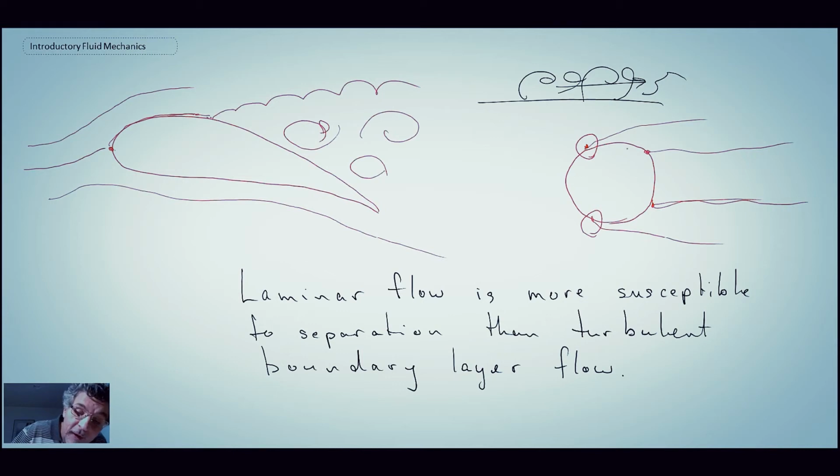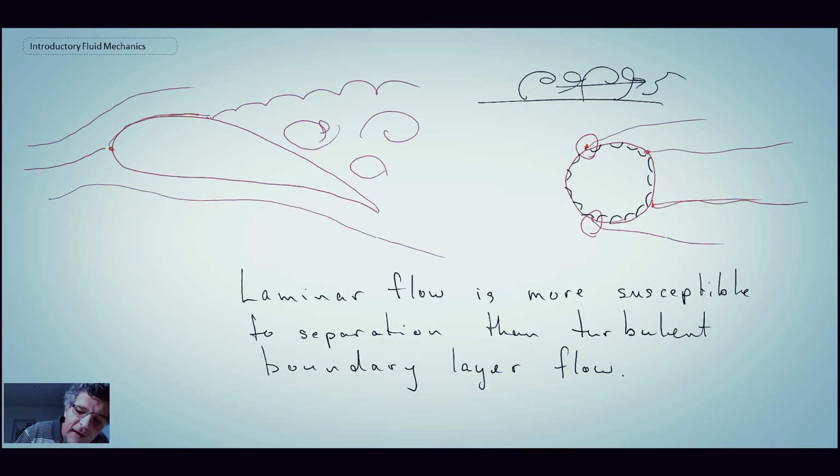And that's also why we put dimples in golf balls. We put the dimples there in order to cause the boundary layer to transition from laminar to turbulent. The dimples are basically nucleation sites for instabilities, which then lead to transition in the boundary layer.